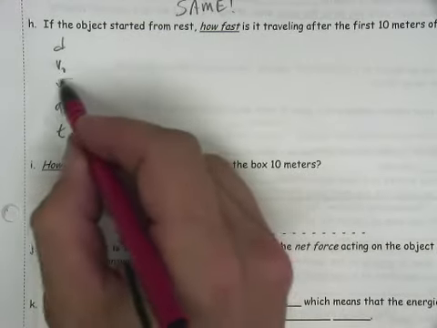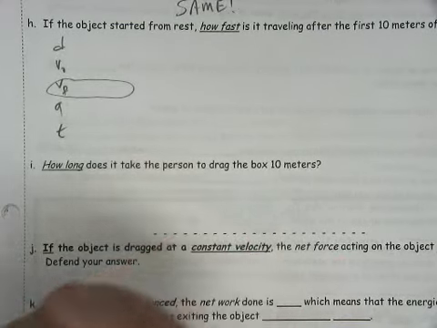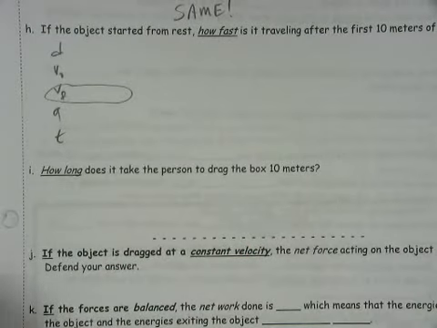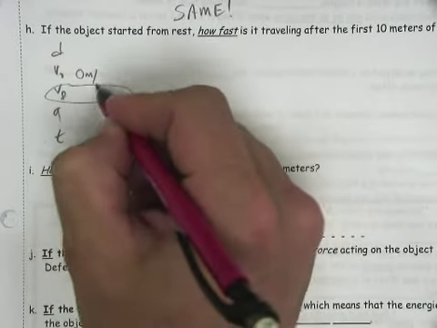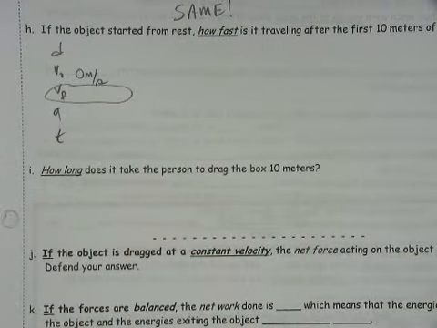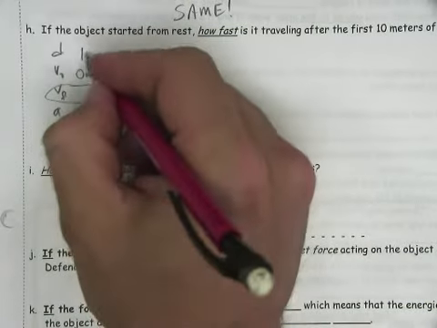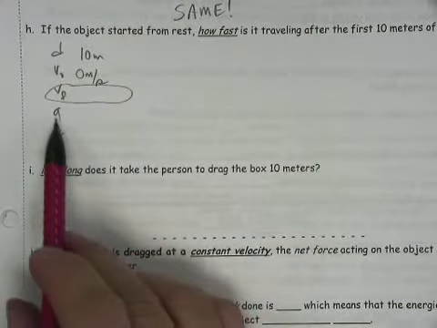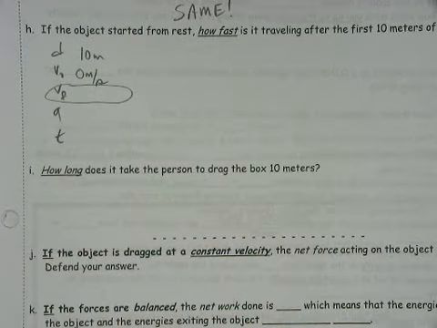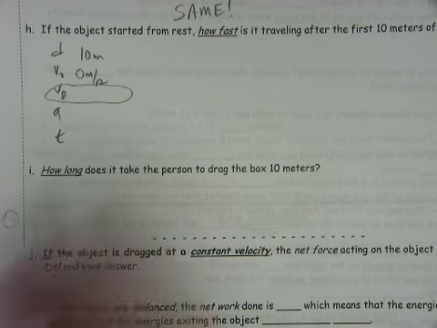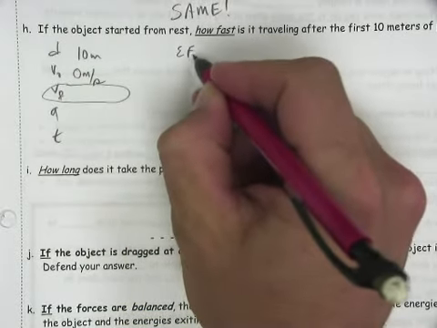We want how fast at the end, so that'll be this guy. We know it starts from rest, so that'll be 0. It travels 10 meters. My problem is I don't have its acceleration and I don't have its time. So I have to get acceleration from someplace. And to get acceleration, I'm going to use Newton's second law.